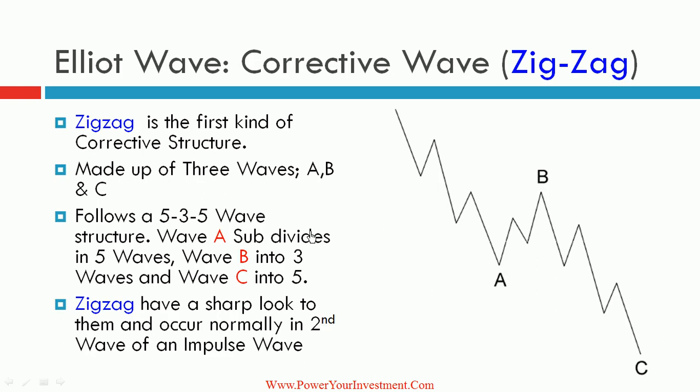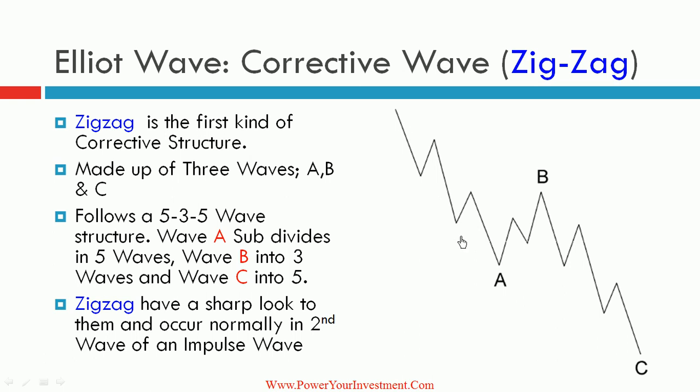The first type of corrective wave that we'll discuss is the zigzag. Zigzag primarily is made up of 3 waves: wave A, wave B and wave C. Now zigzag subdivides into a 5-3-5 wave structure. What does that mean?